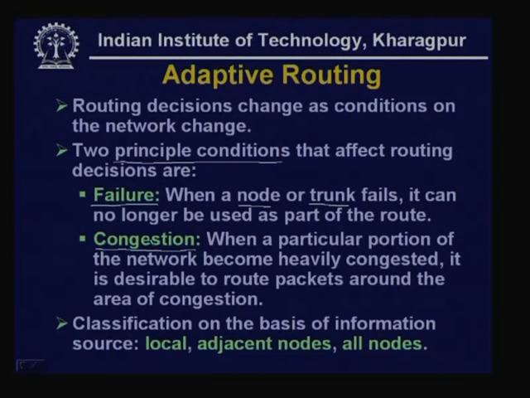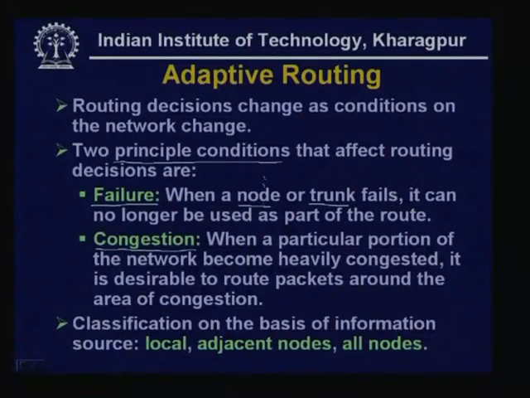We shall discuss congestion in the next lecture in detail, and we shall see that when a particular portion of the network becomes heavily congested, it is desirable to route packets around the area of congestion. Normally, traffic is used for controlling the vehicles. We have seen whenever there is a traffic jam in a particular area, usually the cars or other vehicles are diverted through some other route.